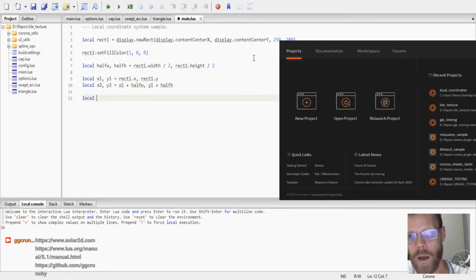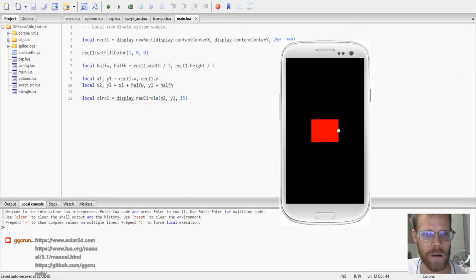So we could put another, say, a circle to the right and at the same height as the center, like this, with say a radius of 15. Let's see how well 15 shows up. Okay, it's actually pretty good.